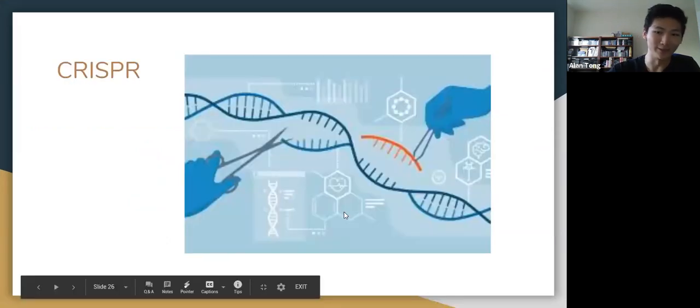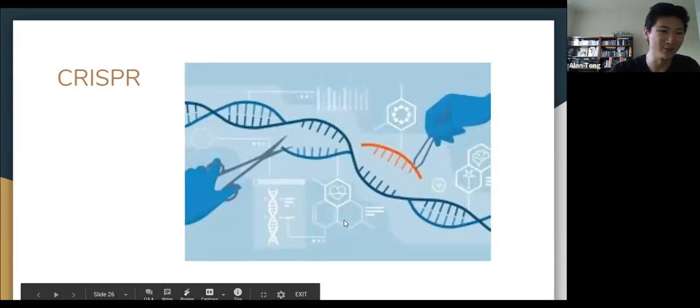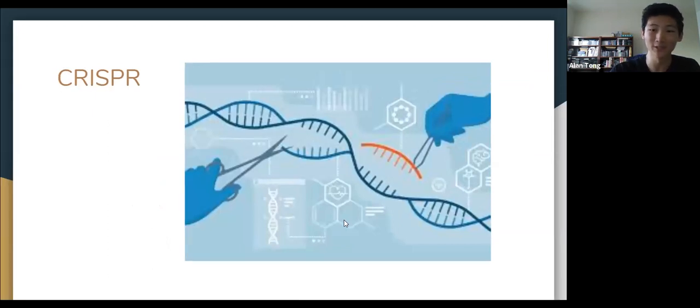Now we get to Andrew's point, right? Now we get to Andrew's word, CRISPR. I'm sure you've all at least heard about CRISPR before in the news. And CRISPR, it's very hyped up right now. It's the idea of using genetic engineering to very precisely and very easily modify DNA.